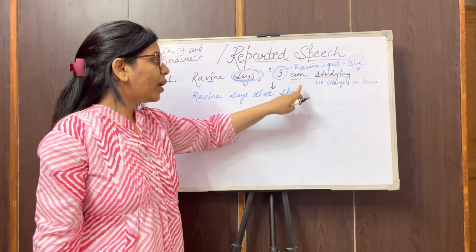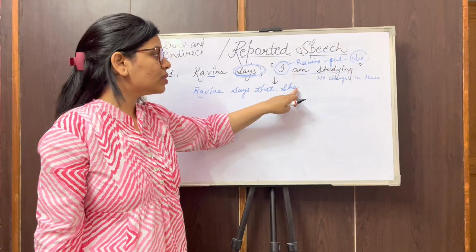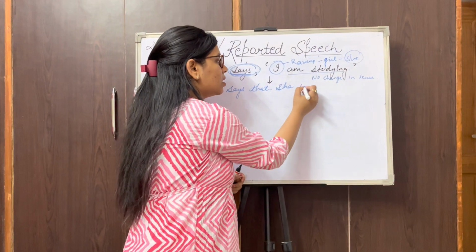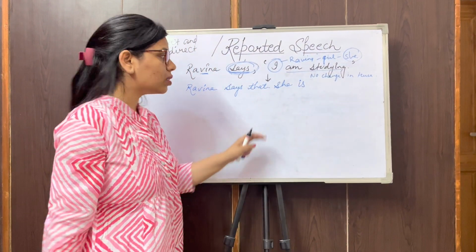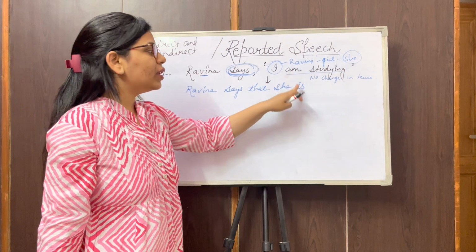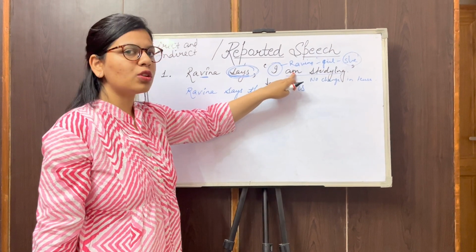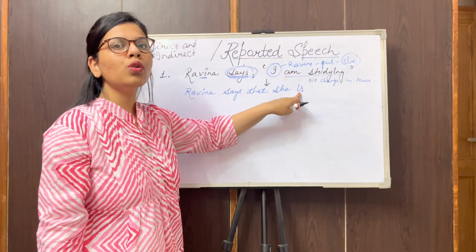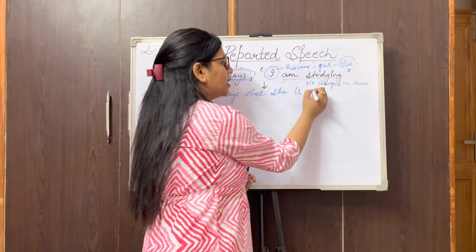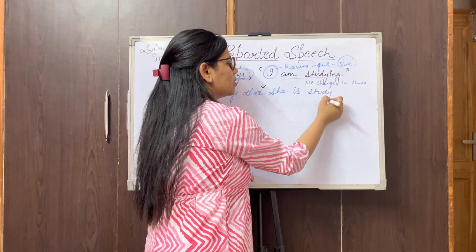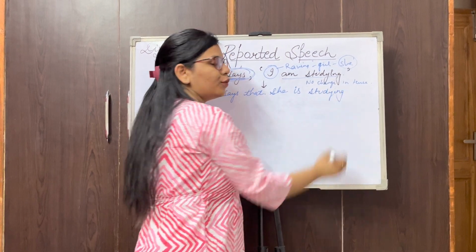No. When we are writing present continuous, we use she is. Is goes with she. So am will change to is. But again, please notice that am is also present tense and is also present tense. And then it will be she is studying.